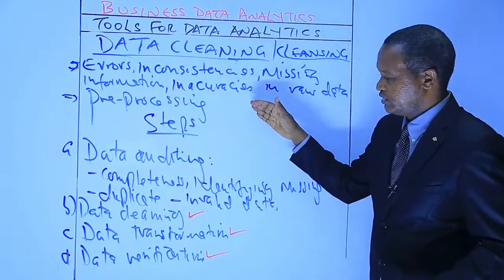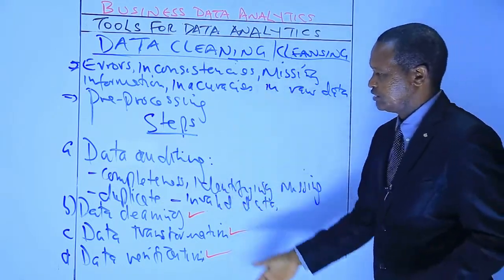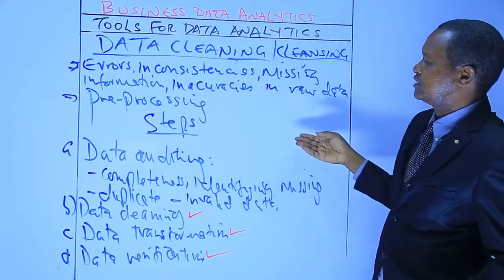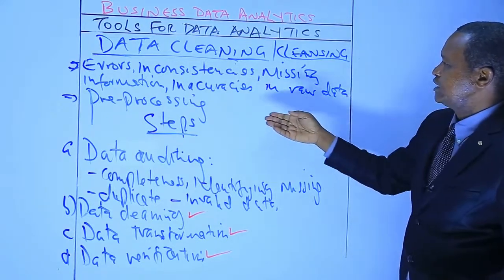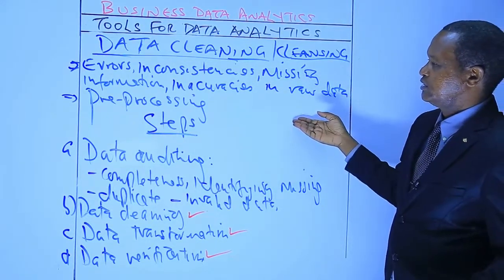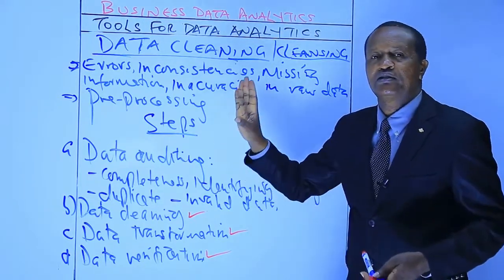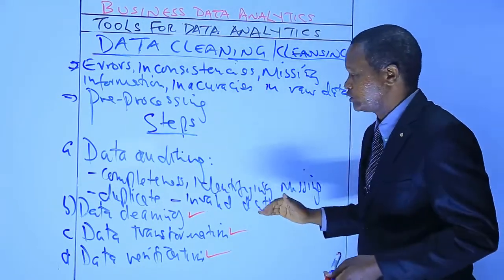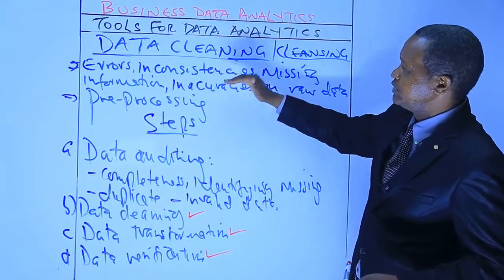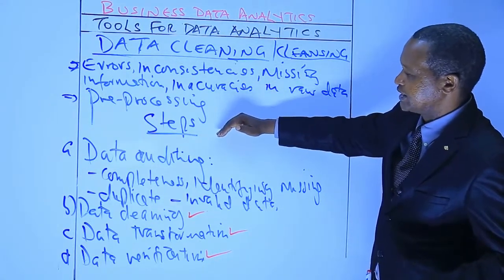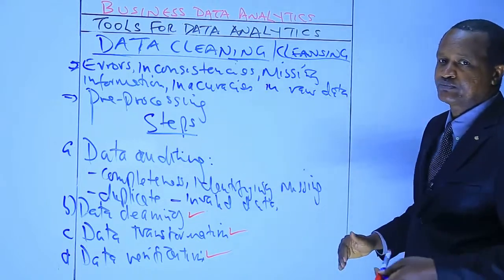If you input data in a system that has errors, inconsistencies, missing information, and inaccuracies, such data may not give the right or the intended results. That's why it has to be subjected to the data cleaning process.